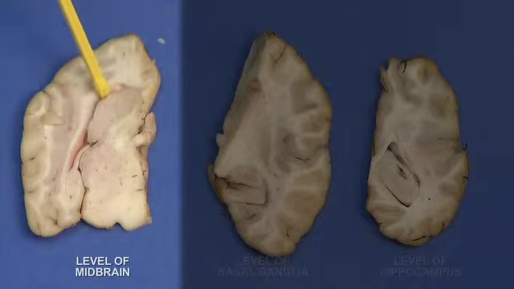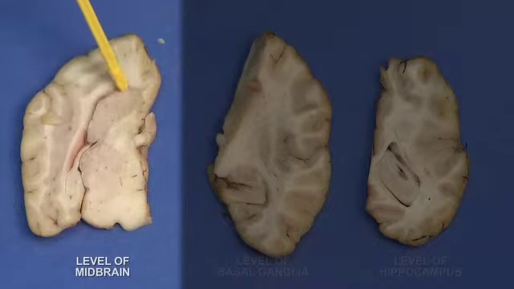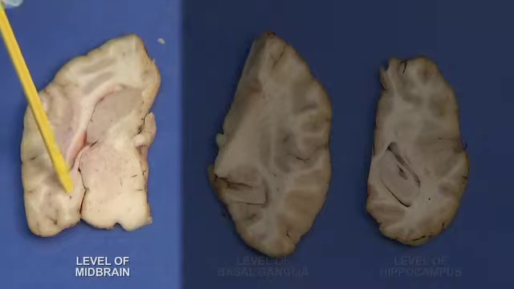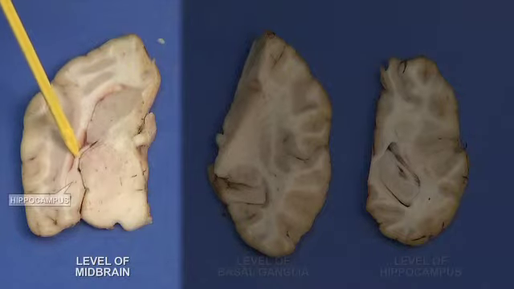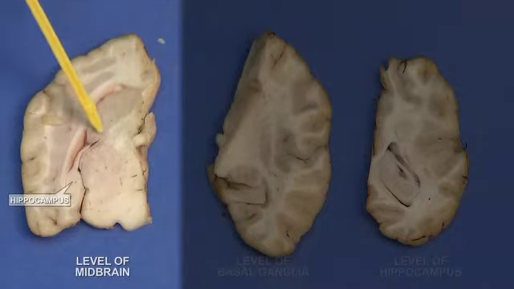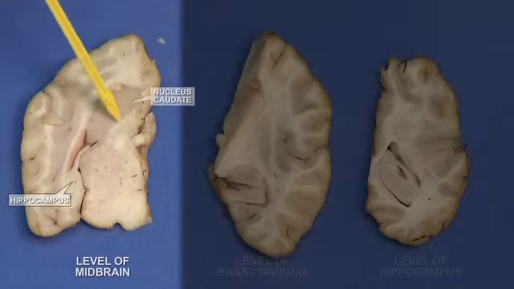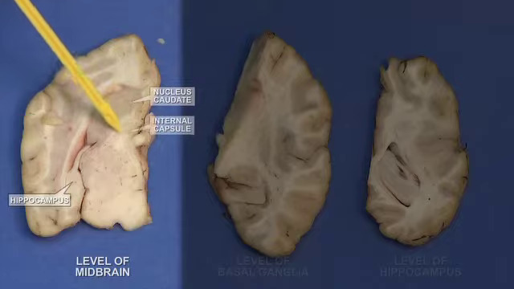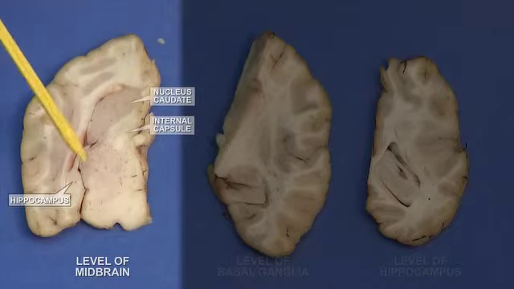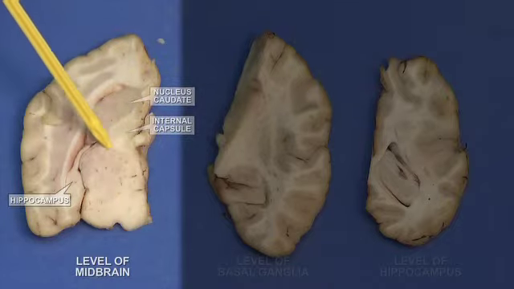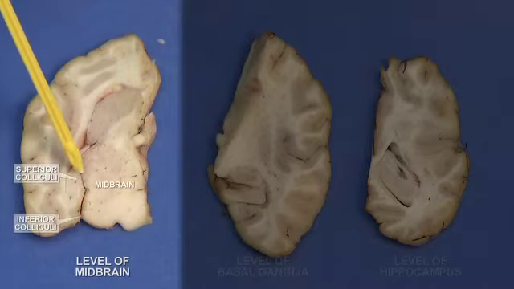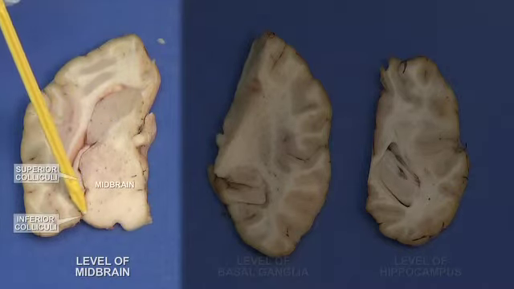This is the anterior limb and this is the posterior limb, and this structure here is the hippocampus. This structure here is the nucleus caudatus. Then we have the internal capsule, and this part here is the midbrain, where we have the superior and inferior colliculus.